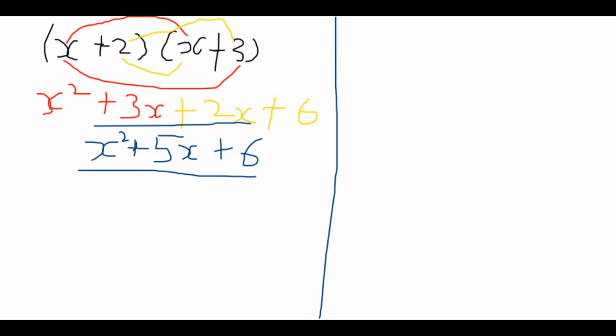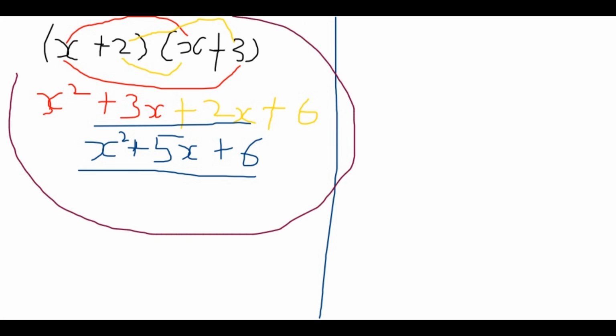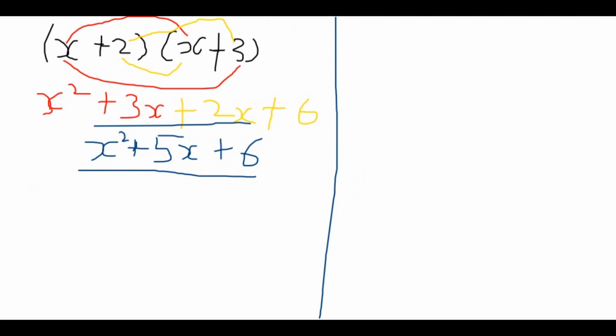Now let me show you the long multiplication method, and note this method used here is the direct expansion method. So the long multiplication method, first you have to draw or construct something like this: x plus 2, x plus 3.